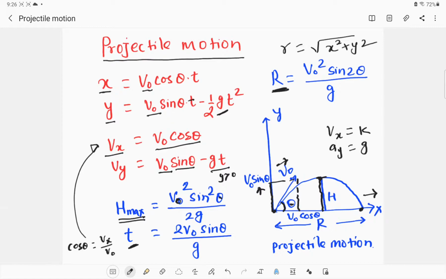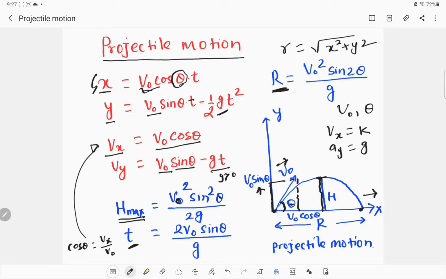Look at all these equations. If you look at all these equations, starting from the beginning position all the way down to the range, everywhere you can see initial velocity and this angle theta. That's why there are two parameters which are very important. One is the v naught initial velocity and the other is the angle theta that the projectile makes with the positive x-axis.